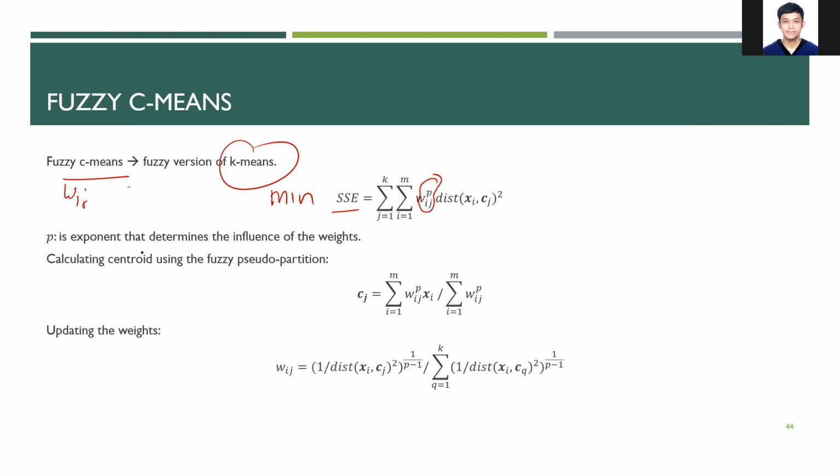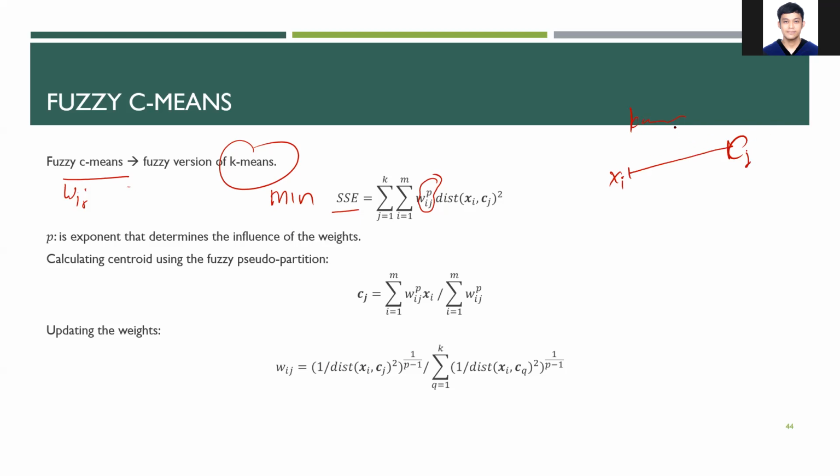P is the exponent that determines the influence of the weights. In K-means, we only consider the distance between the data point, let's say xi, and the centroid, the center of cluster j.